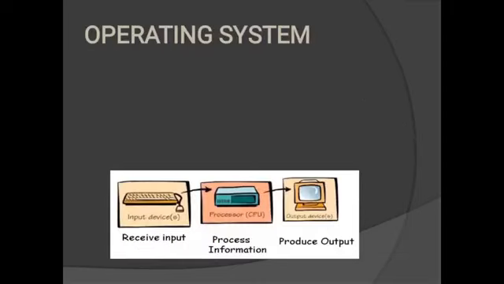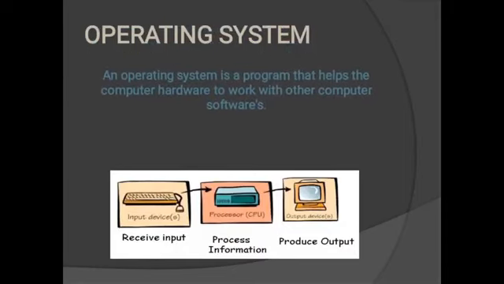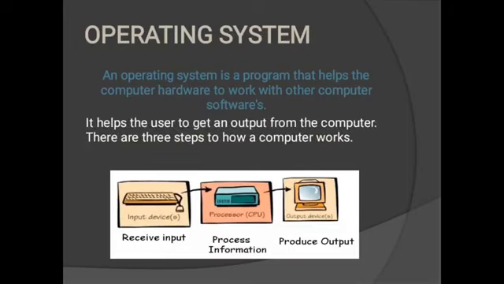Now, operating system. An operating system is a program that helps the computer hardware to work with other computer software. It helps the user to get an output from the computer. There are 3 steps to how a computer works.